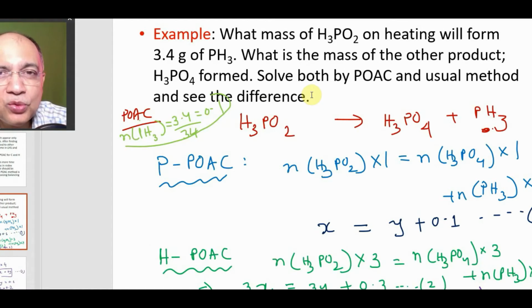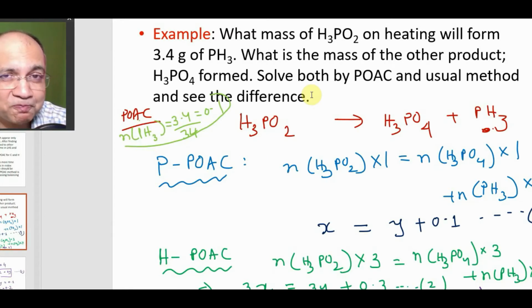Sometimes to go for a calculation for such reactions, we have to spend a lot of time in balancing. Really, it is time consuming to balance a disproportionation reaction. I hope you know what a disproportionation reaction is: the same element gets oxidized as well as reduced.